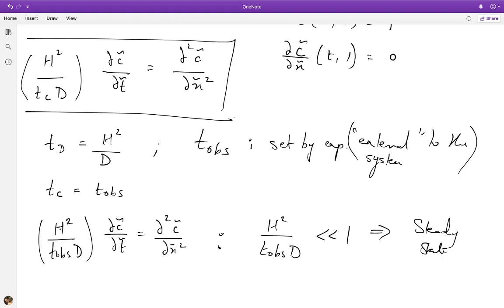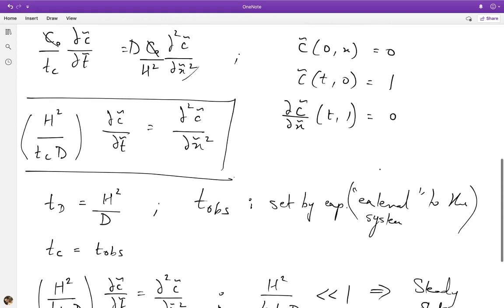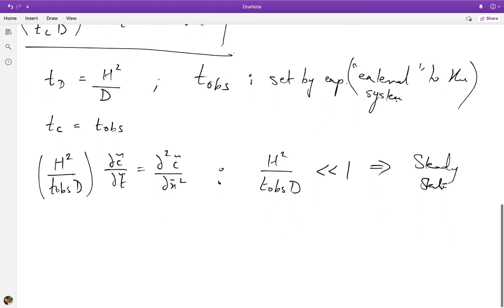Multiplied by a very small number, it is like 0, and the equation that survives is dou square c tilde by dou x square equal to 0. You can easily confirm that for such an equation with the given boundary conditions, the only solution possible is c equal to 1 everywhere. So this is the condition for steady state, or for saying that c is equal to 1 uniformly, the uniform profile.